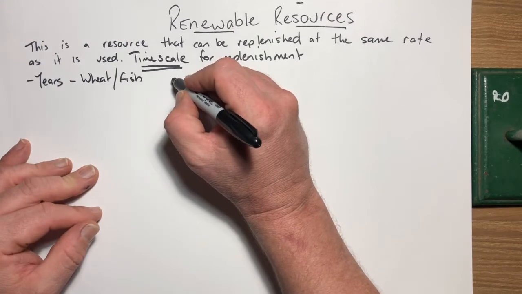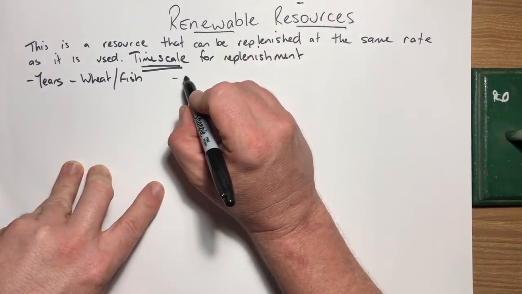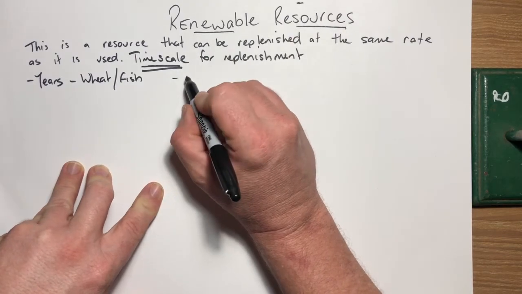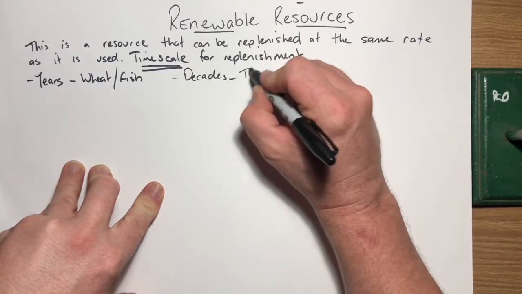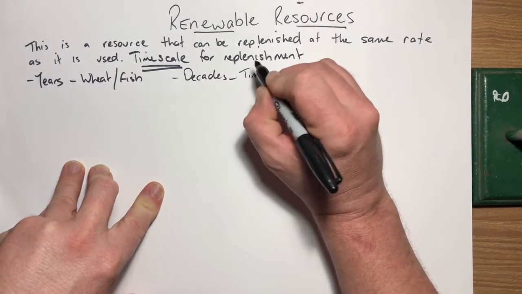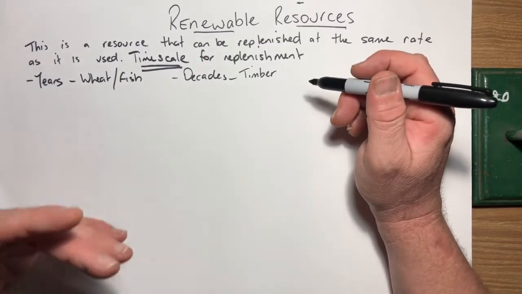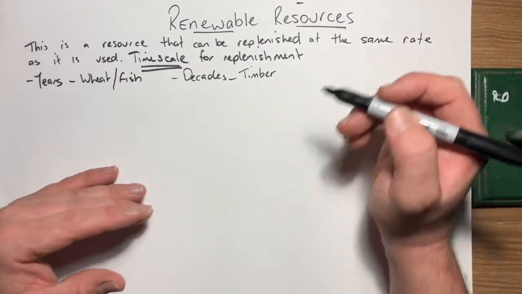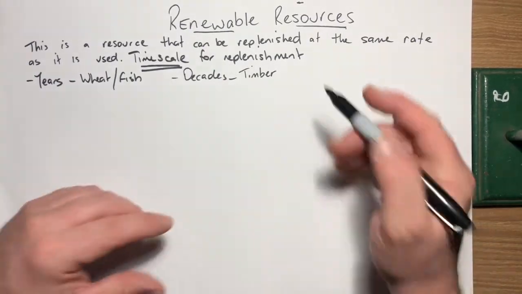We might think a renewable resource might be renewable within decades, as in the case of timber. Or we might think of this over even a shorter scale, or even over a scale where a resource will never run out.